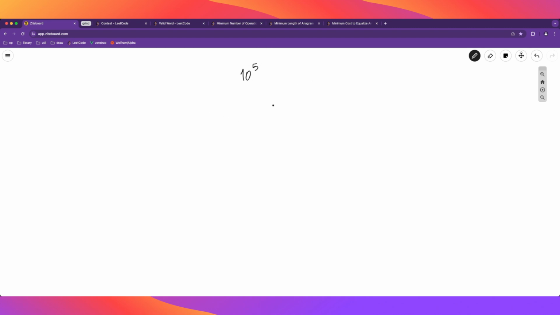But then we multiply this with the number of divisors of n. Okay, so how much is this?